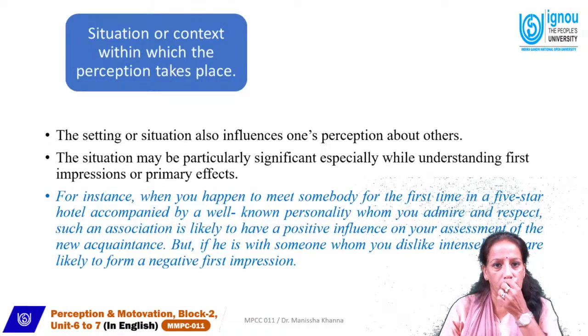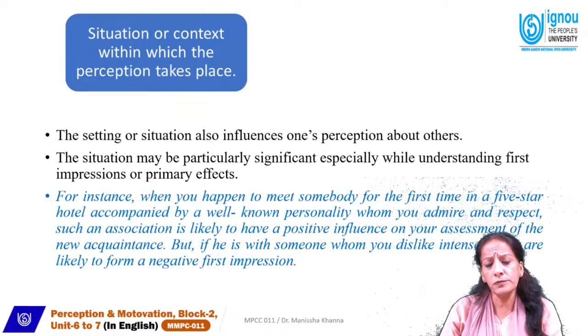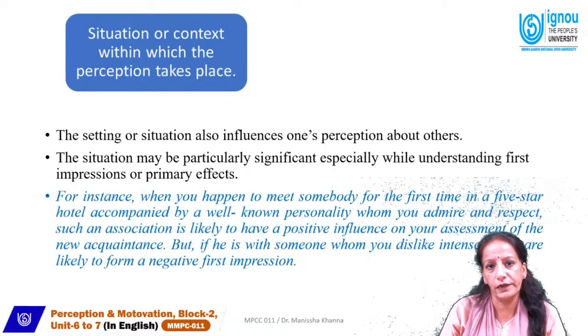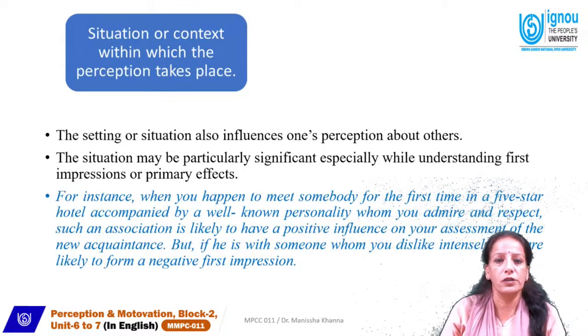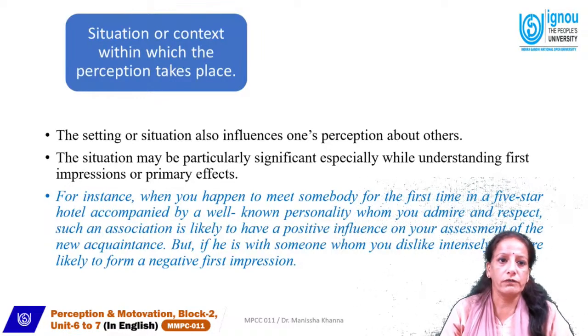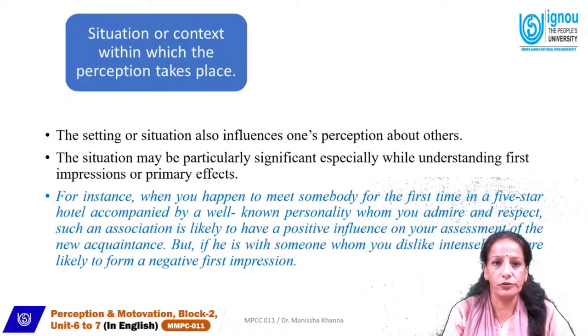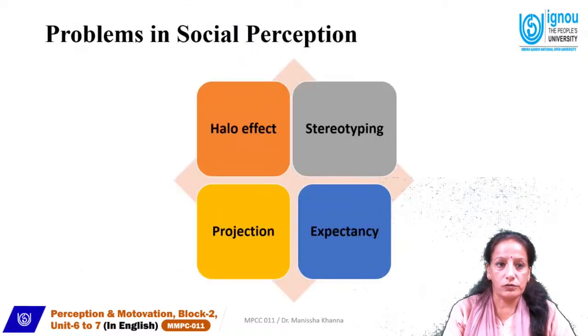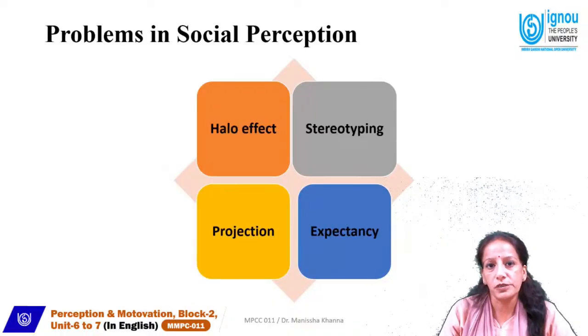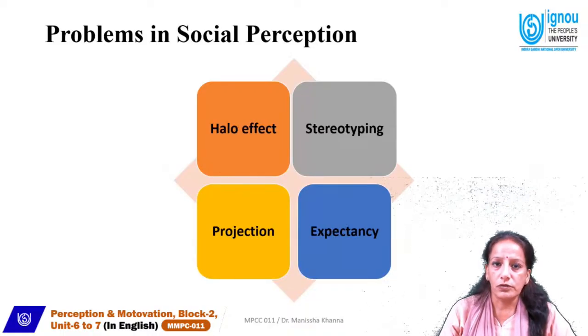So this perception is based on the context, and on whether you like the person or not. The situation in which this positive or negative influence happens plays a very important role in perceiving.